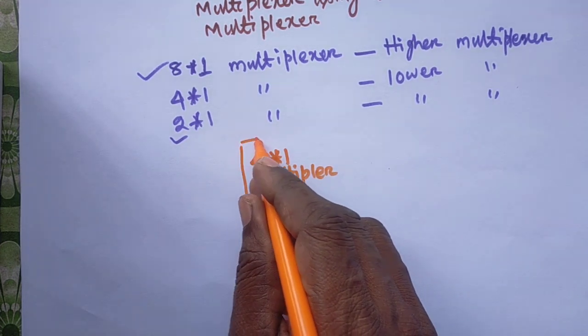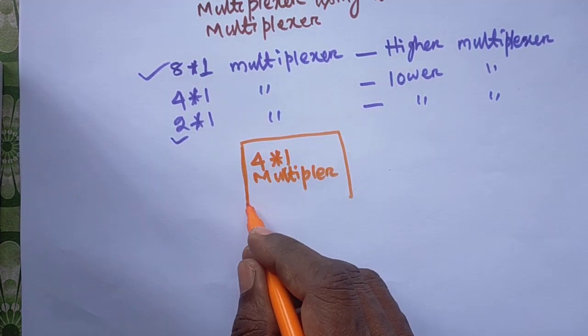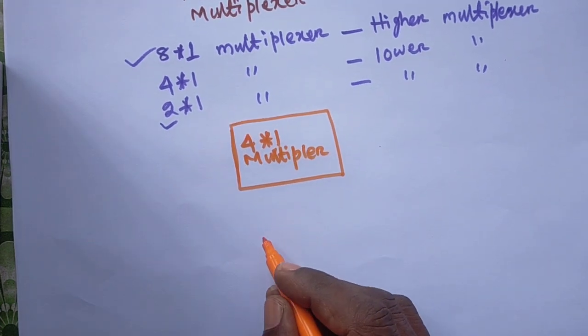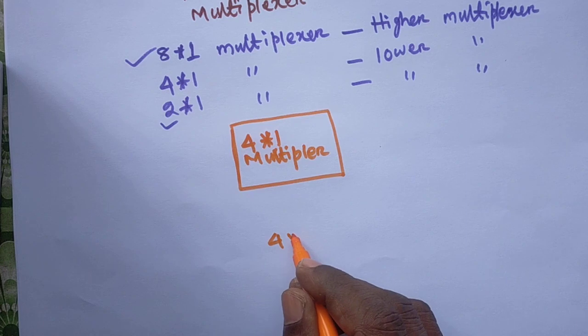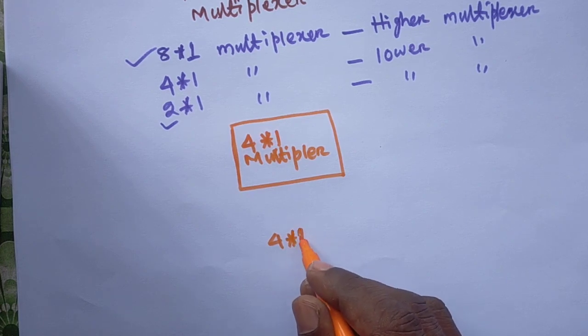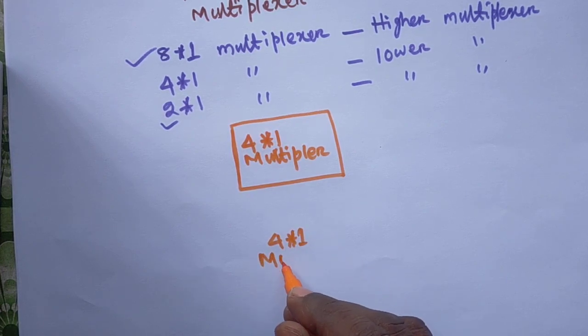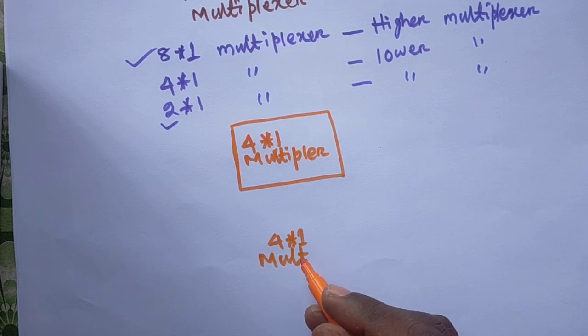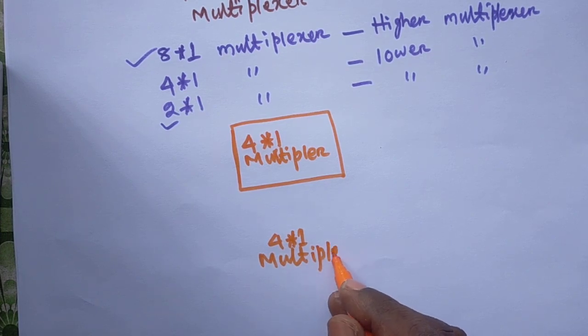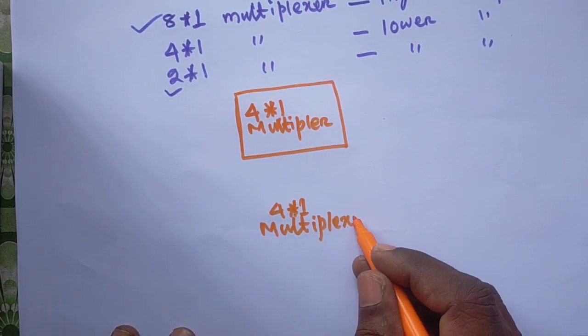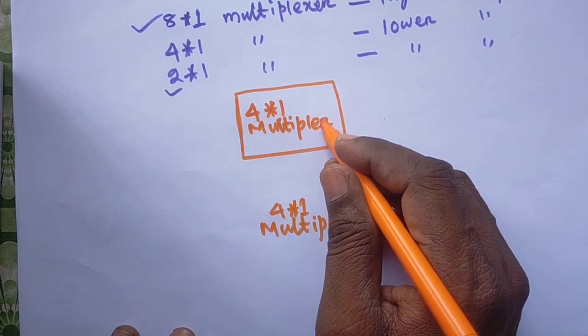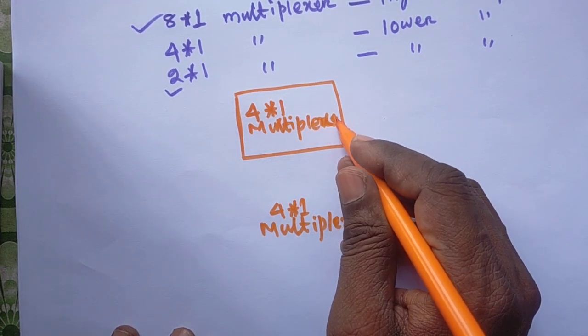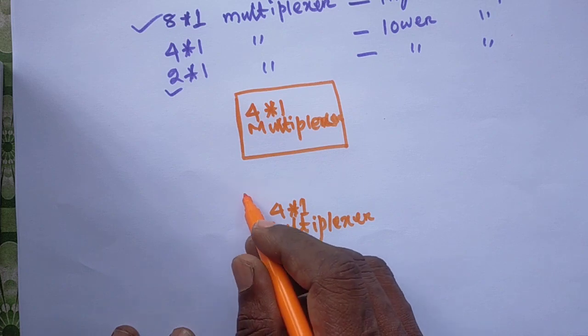One multiplexer is designed in this way. Another multiplexer is also designed, a 4 into 1 multiplexer.